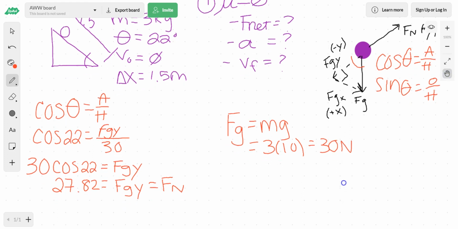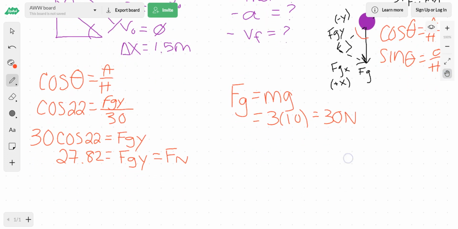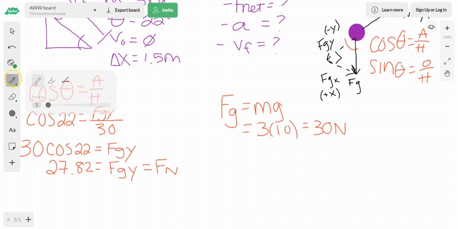So then we're going to do the same thing with sine. And now, if you notice, what we're doing is looking for, in both cases, the thing that's on the top of the fraction. Because when we talk about sine, we are going to be doing opposite over hypotenuse.